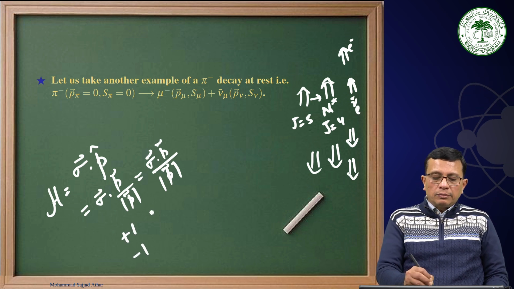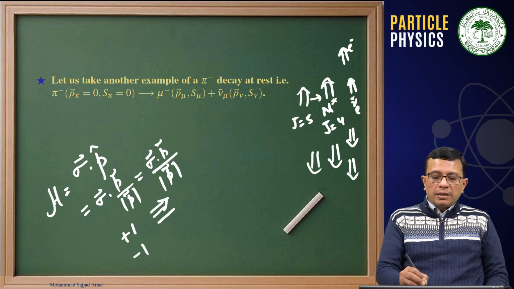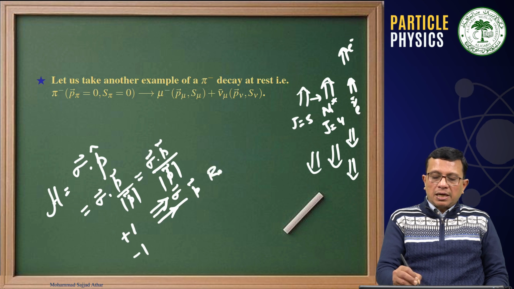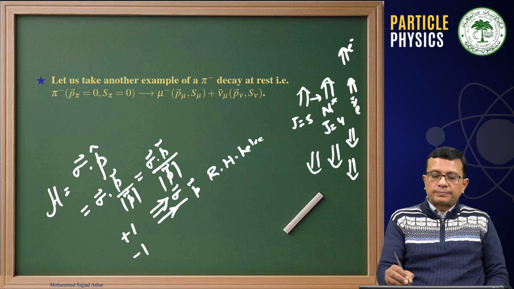A plus 1 value says that the spin and the momentum are aligned in the same direction, and we call such states right-handed helicity states.